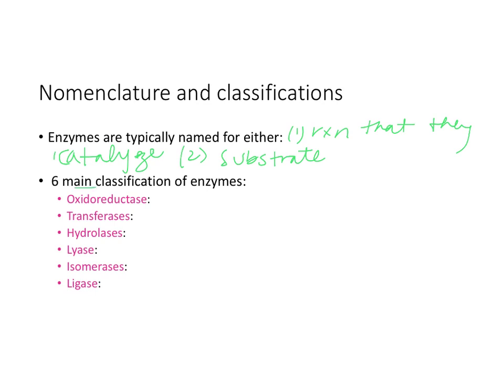All right, so here are the 6 main classifications of enzymes and what they do. So oxidoreductases catalyze redox reactions. Okay, so movements of electrons. A transferase catalyzes the transfer of functional groups.